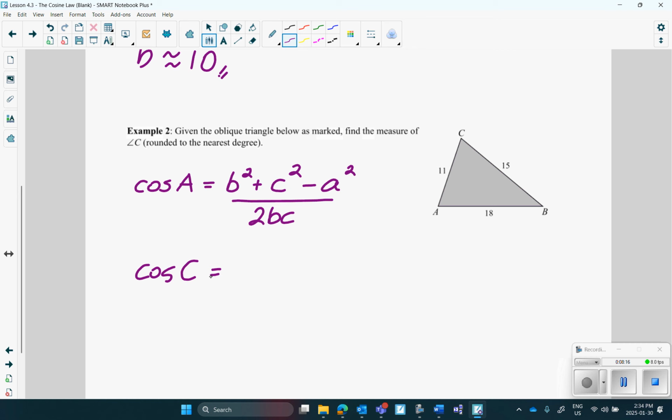Because if this is A and this is little a, if this is capital C, little c has to go here. So 18 squared has to go here. Now fill in the rest. 11 squared plus 15 squared, and then it's going to be minus 2 times 11 times 15.